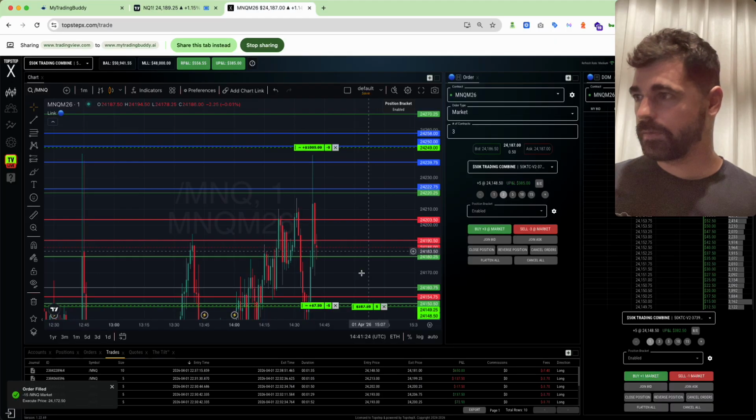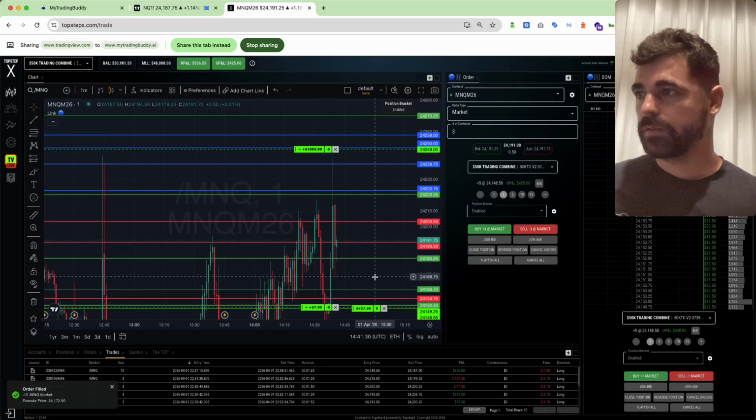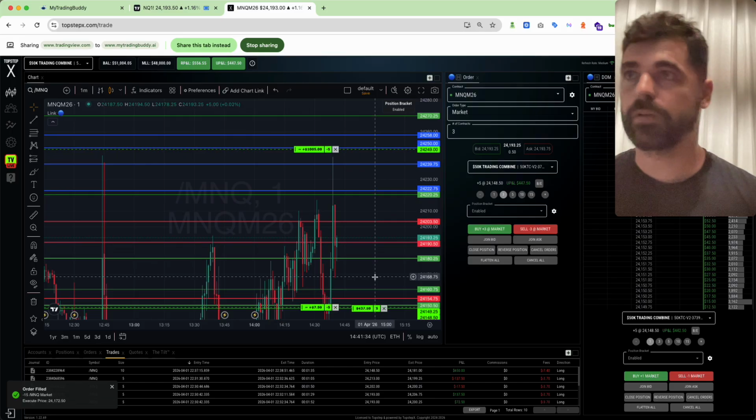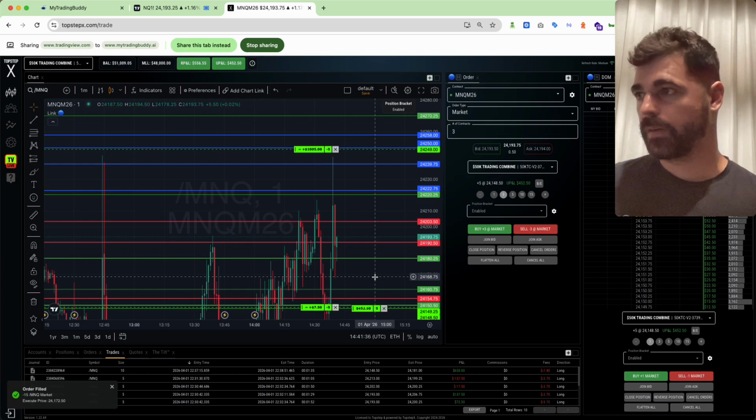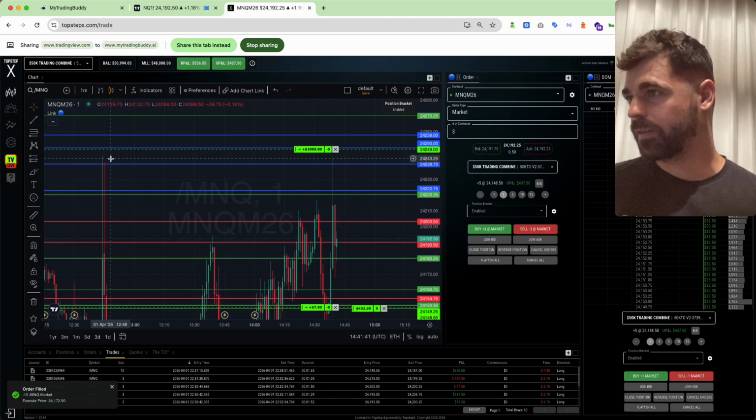So it doesn't look too good, but let's see if we can get past 200. If we can close above 200 on a 5 minute, then the next 5 minute should get it, because it barely kind of got it. That liquidity is probably up here in 60.